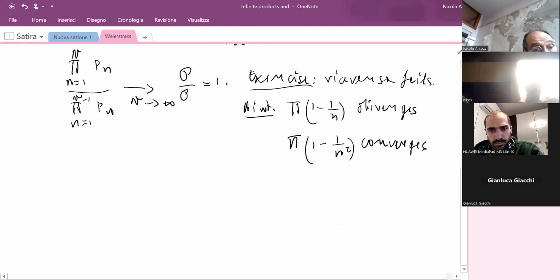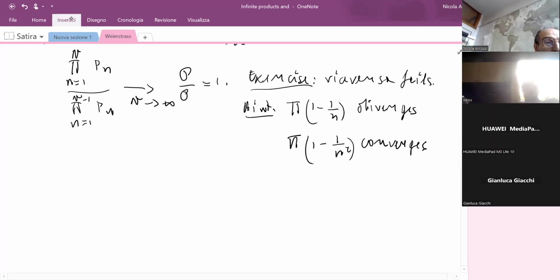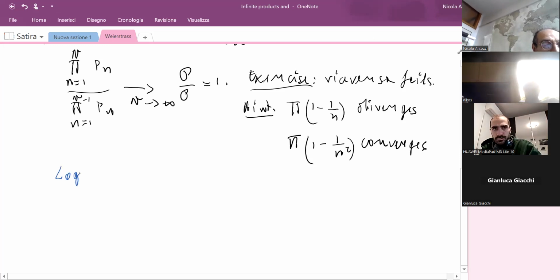Now, the headache is that we deal with complex numbers. So let me introduce this notation: log of R e to the it, I put a capital L, it is the principal determination of the logarithm, which is like log of R, which is a real number, plus it for t between minus pi and pi.